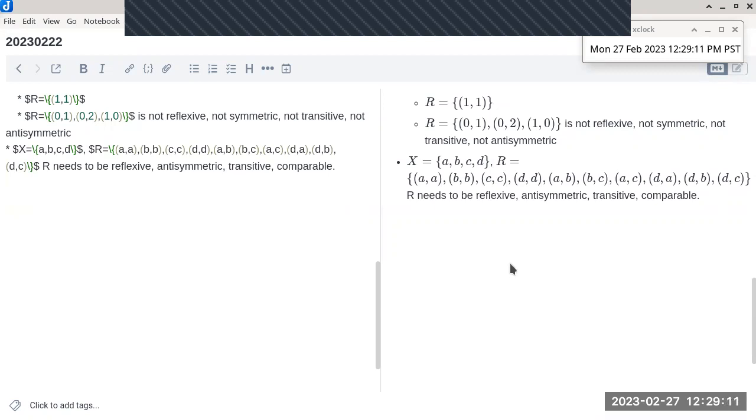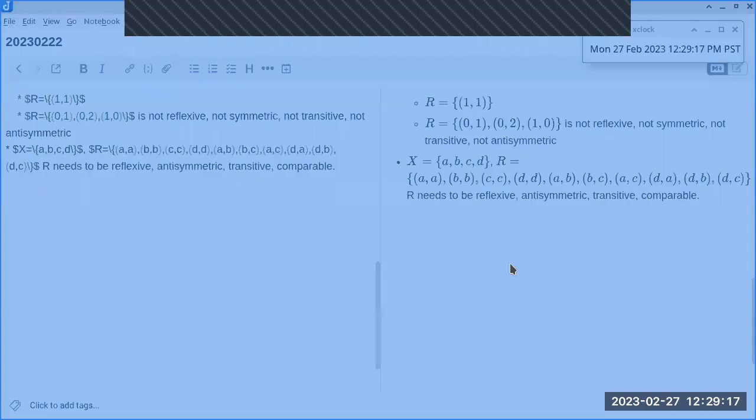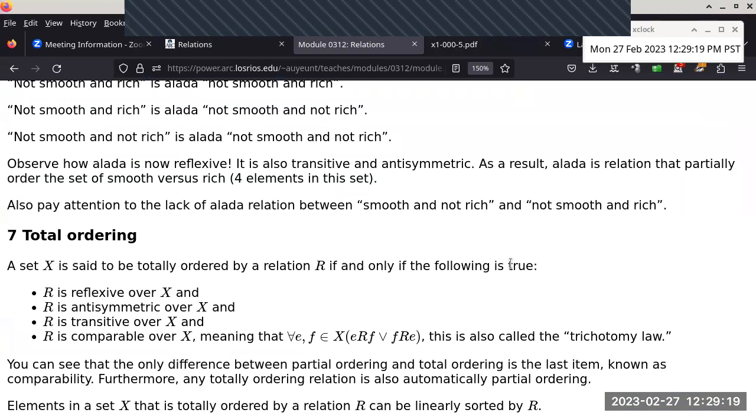Could you give an explanation of what comparable exactly means? I'm not sure whether you'll like my answer, but regardless of how you choose E and F as elements of X, (E,F) is in R or (F,E) is in R, which is also written as ERF or FRE.